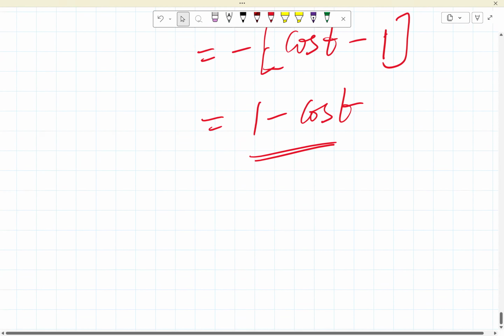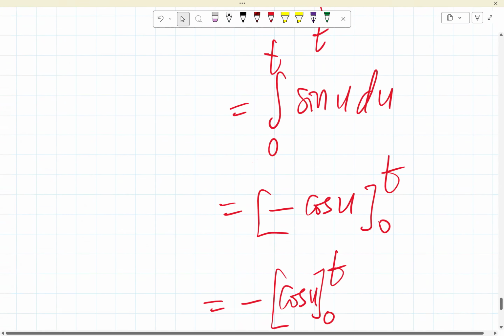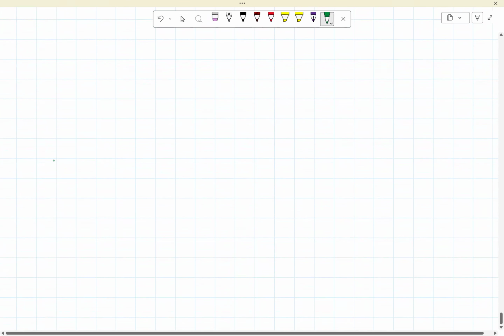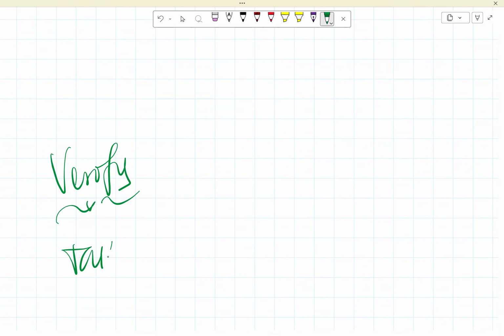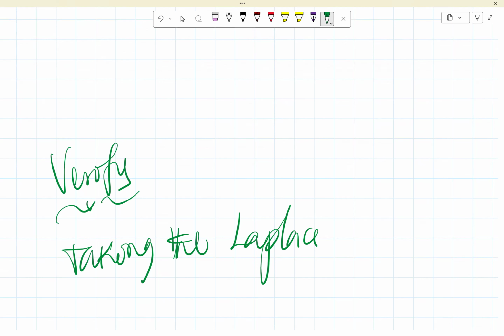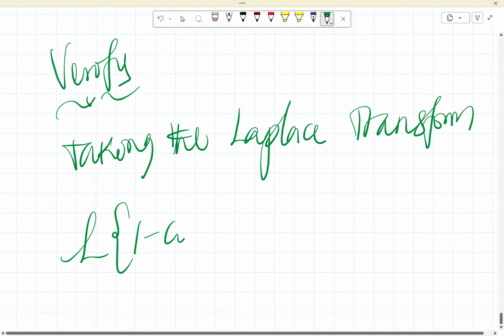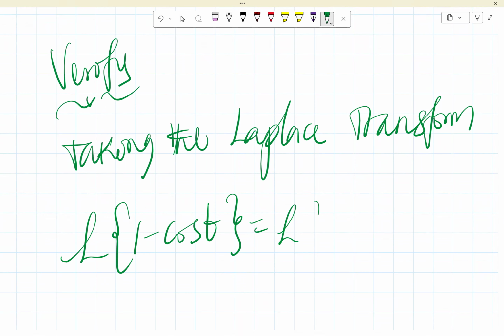So we can verify, right? If we take the Laplace transform of 1 minus cos t, that is simply Laplace of 1 minus Laplace of cos t.